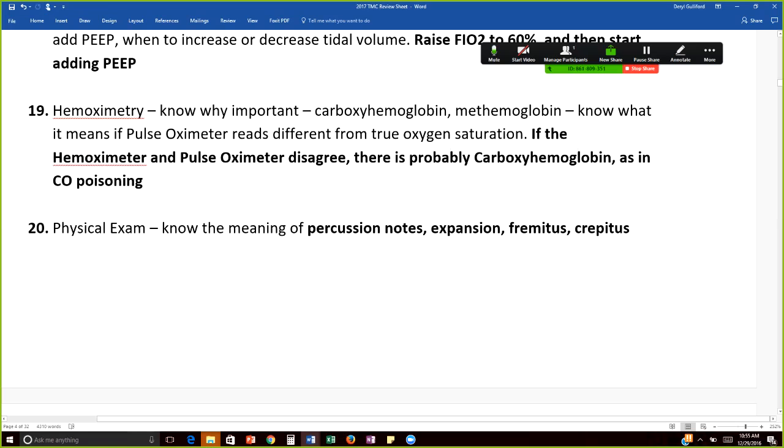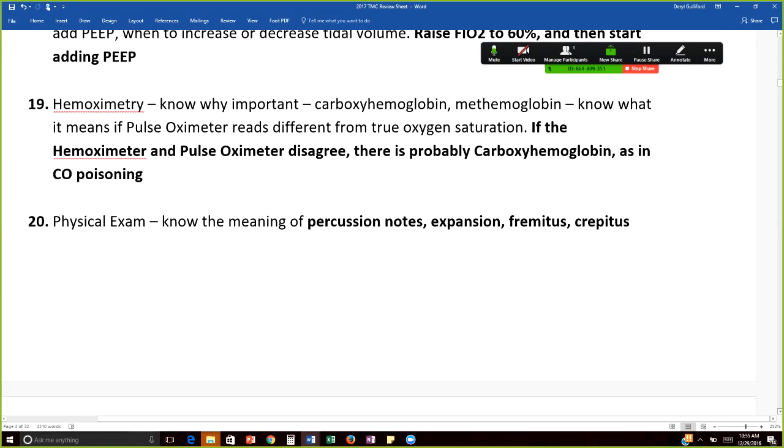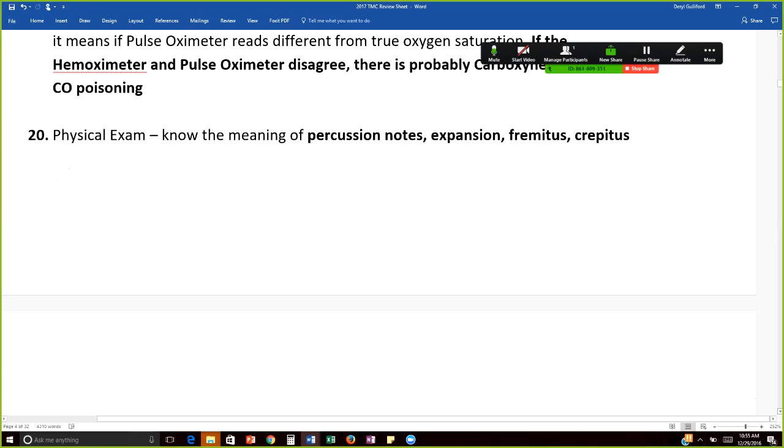Review the physical exam, the meaning of percussion notes, expansion, fremitus, crepitus. For example, dull percussion might be pneumonia, might be pleural effusion. Hyperresonant percussion might be pneumothorax, might be emphysema.